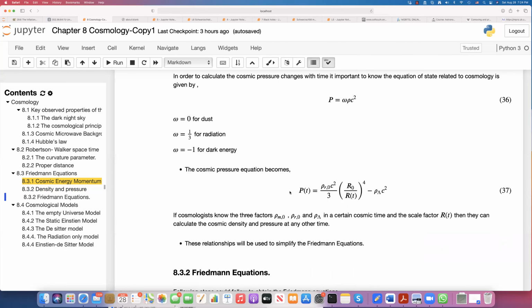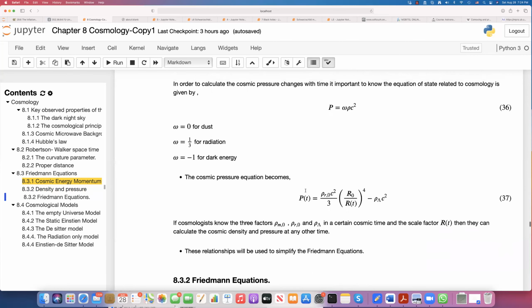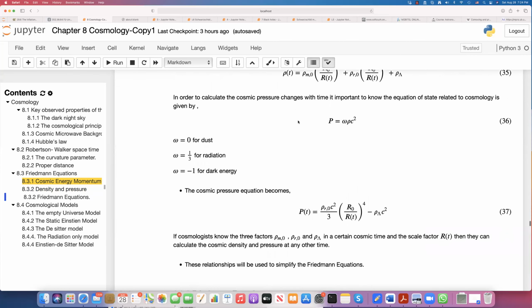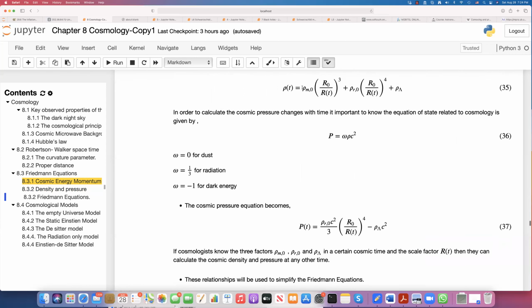Now the idea is, you can see that all of them are functions of time. Pressure is a function of time, and the density is also the same in equations 35 and 37.